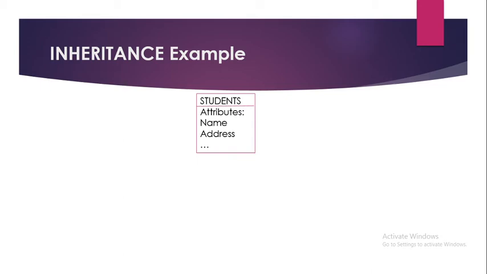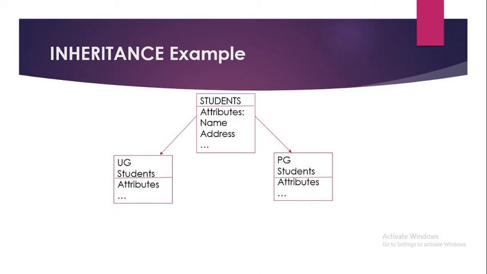From this base class, I am going to derive two classes, and I am giving them the names UG student and PG student. Every student will have name, address, roll number, class, whatever it is. These are the common features for every student, so they are kept in the base class.